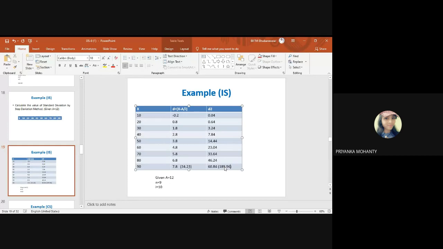Now calculate the sigma, the standard deviation, equals how much?